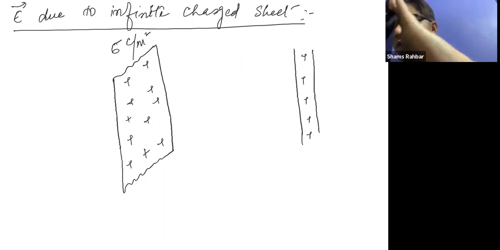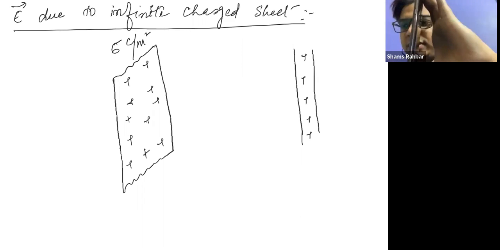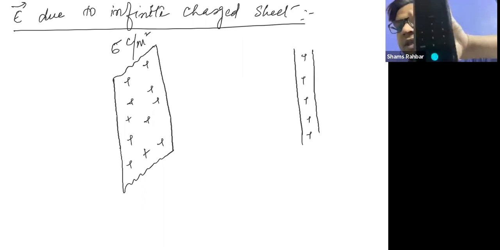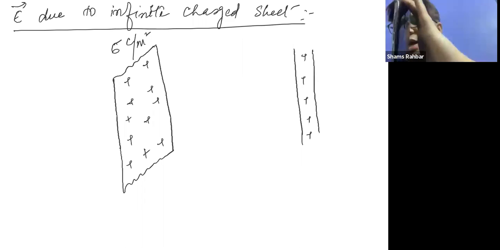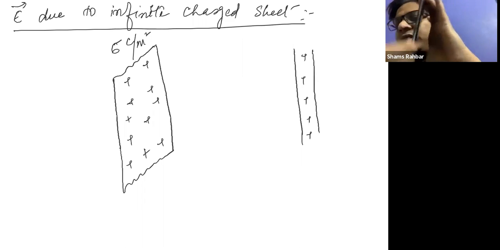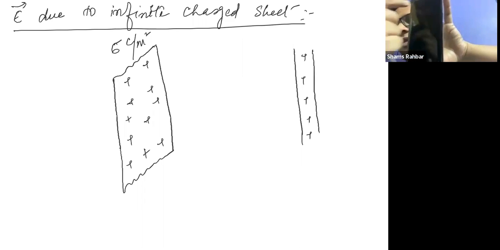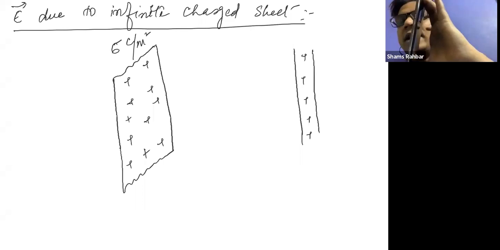If you place this charge sheet like this and observe it, this will be called the front view. If you see the front view, this thickness will appear. Side view means you will be observing this surface. This will be the side view, this will be the front view. Is it clear? Please tell me.